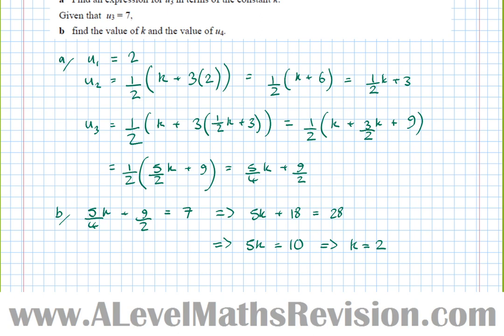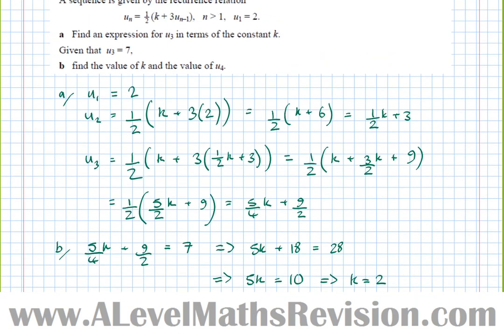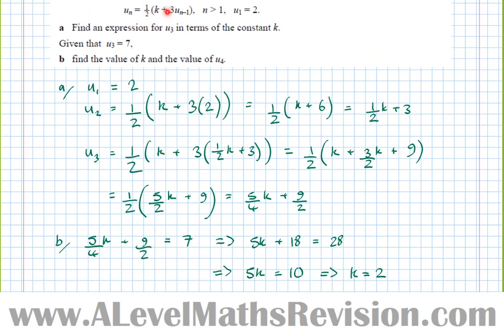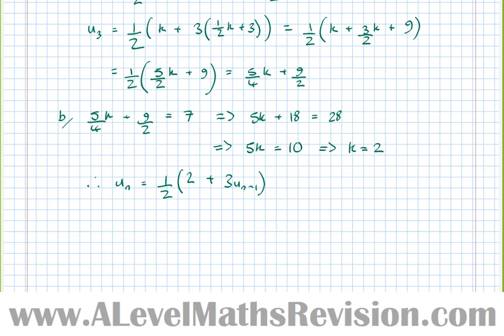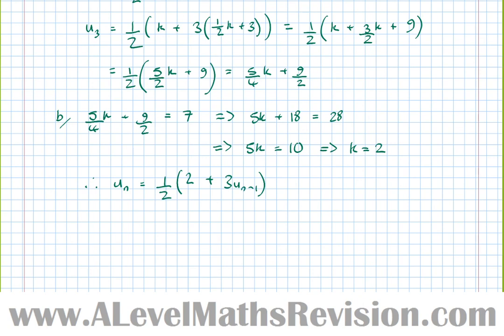So now it's saying find the value of the fourth term. Well, we can see that this formula still applies, but now we know that k is 2. So therefore, un equals a half, and k is 2 plus 3 un minus 1. Which means that, and let's have a look at U3 now.